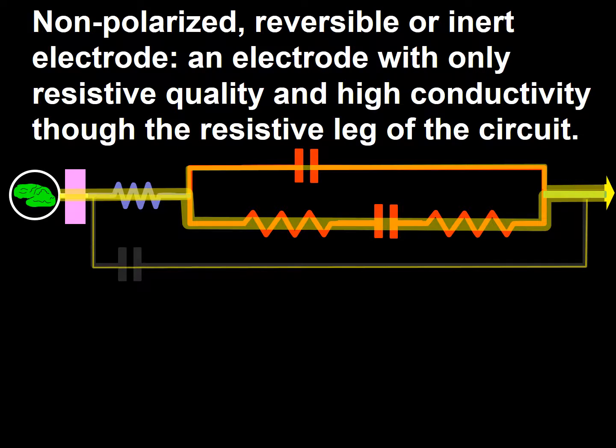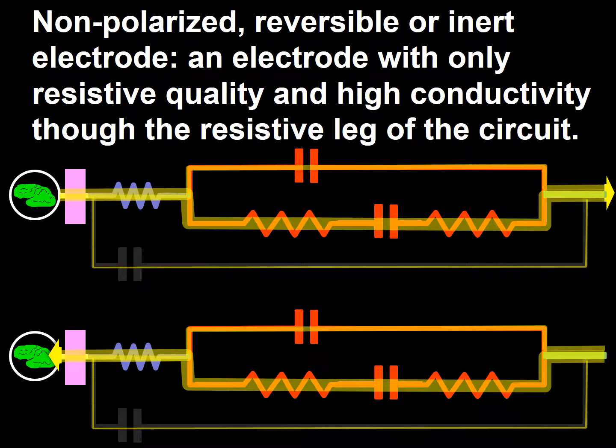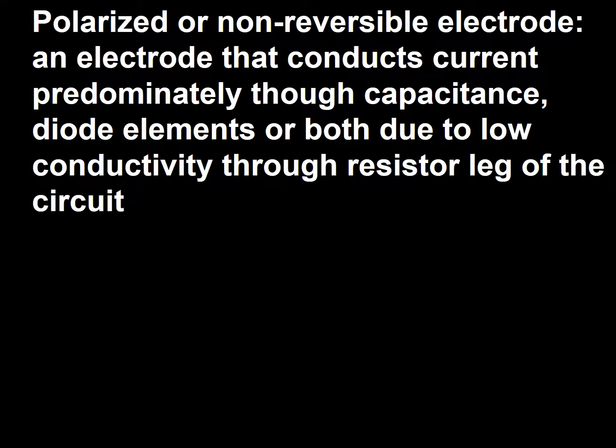The word easy is there to emphasize that the conduction through this leg of the circuit is very high and does so in both directions. Polarized or non-reversible electrodes are terms used to indicate bad electrodes. They are bad electrodes because they either conduct current mostly through the capacitance leg of the circuit or the resistance wire breaker impedance leg becomes a diode.